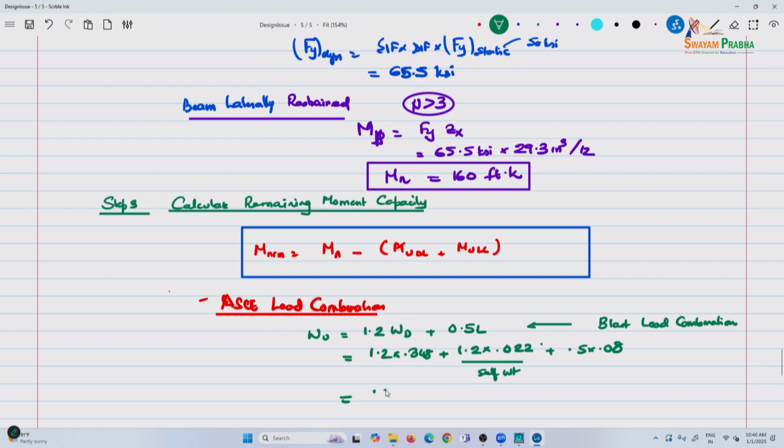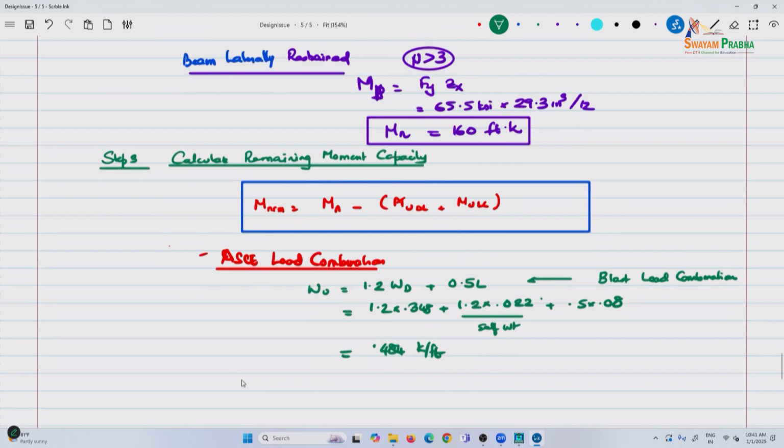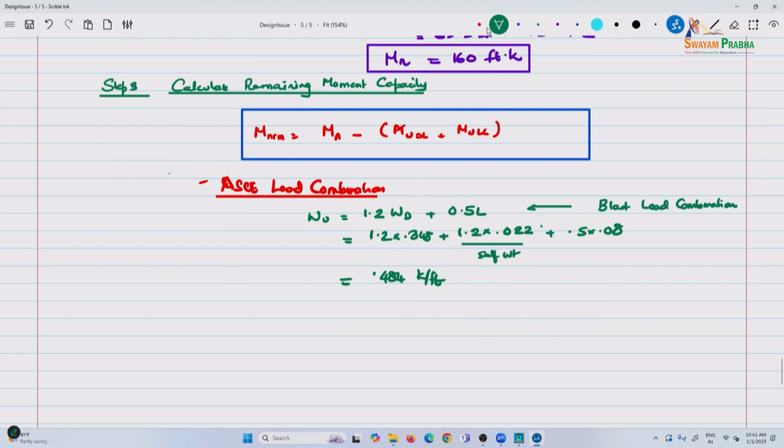So, the overall is 0.484 kips per foot, and so W live load is, sorry, M sub U is WU L squared over 8, L is 18 feet, comes to 19.6 foot-kips.